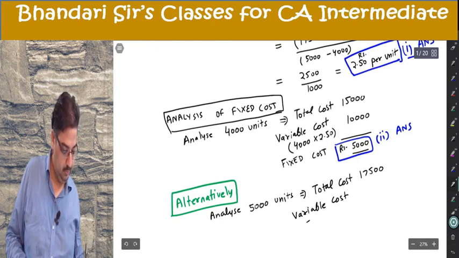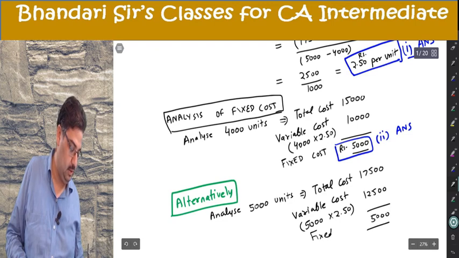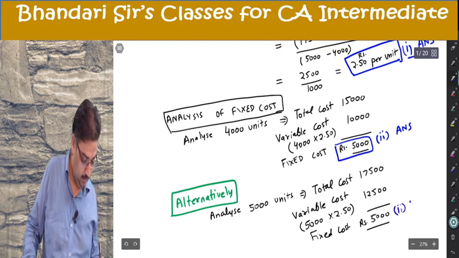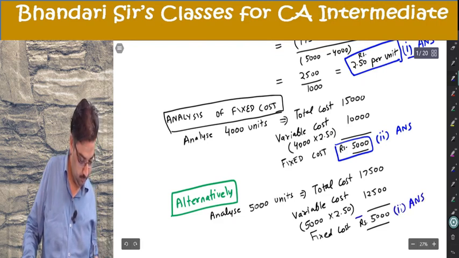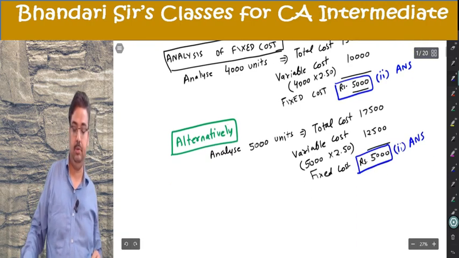Variable cost for 5000 units, 2.50 per unit, 12,500. Answer will be the same. Fixed cost remains 5,000 rupees. This is again the second part answer, fixed cost.